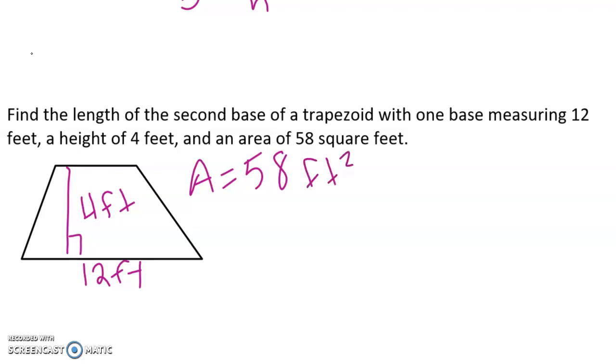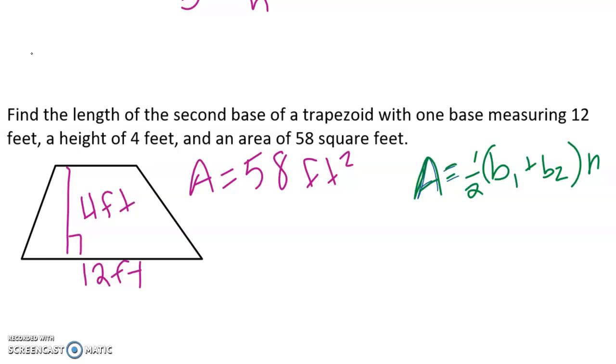So we can solve this by writing down our formula first. Area equals 1/2 (b1 plus b2) times the height.